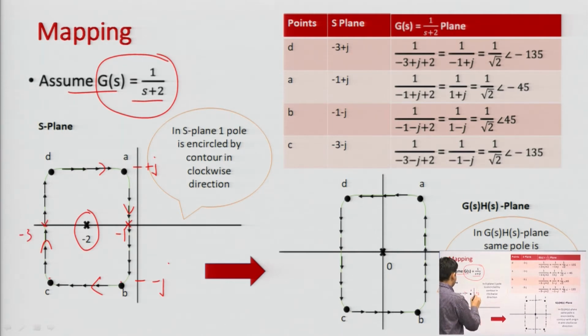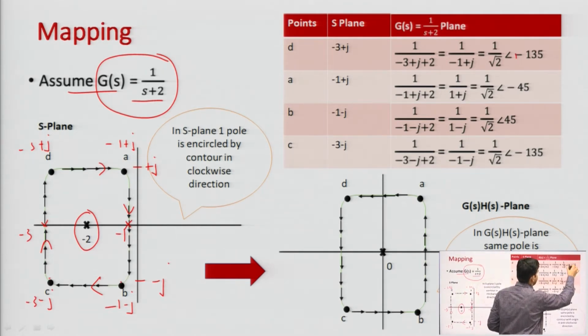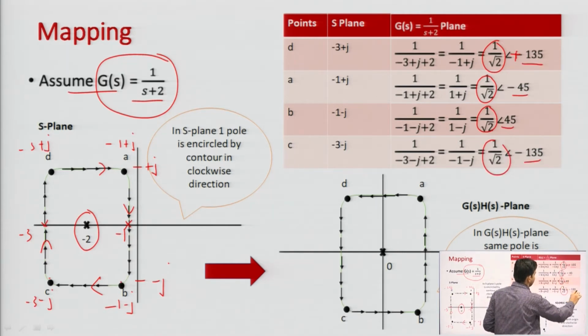So these become minus 1 plus j, minus 1 minus j, minus 3 minus j and minus 3 plus j. If I plot all these points we get different phases. For all the cases my magnitude would be 1 by root 2 and my phase would be plus 135, 45, minus 45, minus 135.